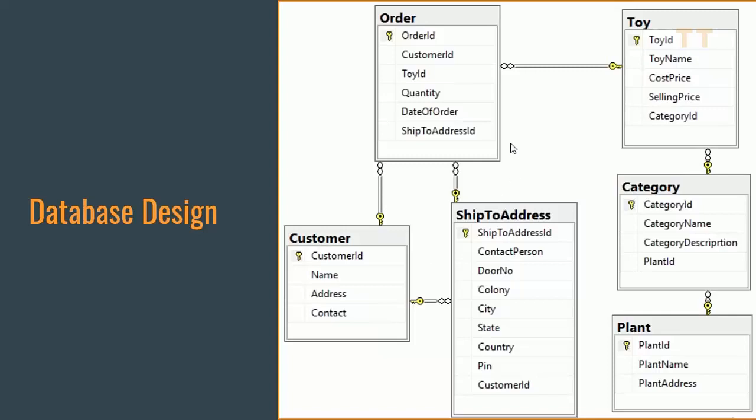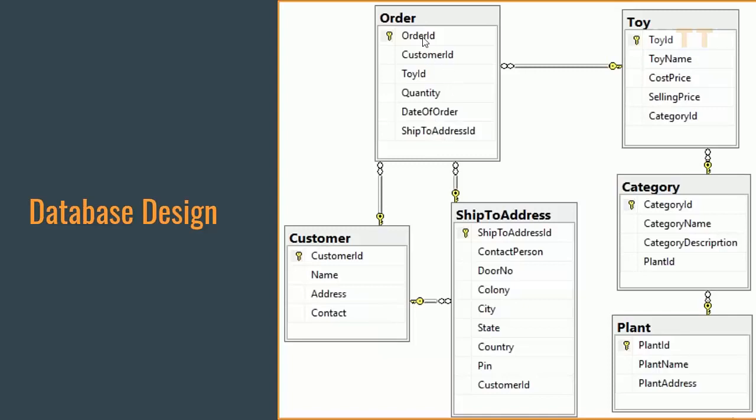to display order ID, customer name, toy name, then the category name and plant name, quantity, date of order, and ship to address contact person name.